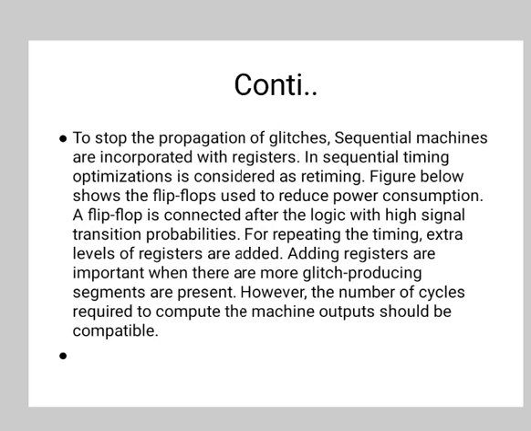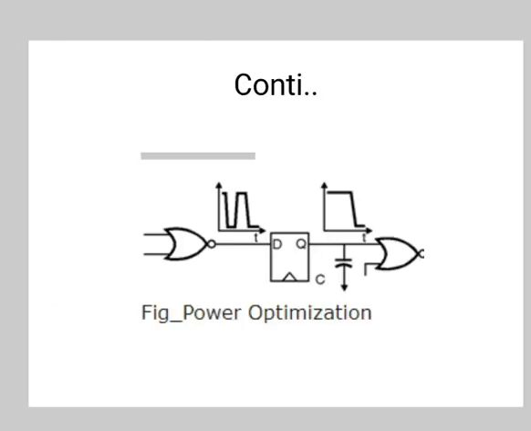So the D flip-flop changes its output only on the positive edge of the clock. Therefore, even though the D flip-flop input has a glitch, it is not reflected at the output. So here the diagram for the power optimization is shown with a D flip-flop.